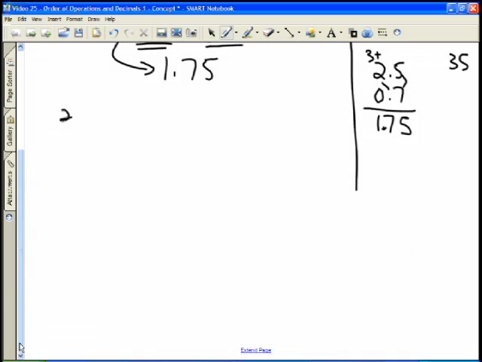So if you take a look at another problem getting a little bit more complicated here, 9.3 minus 4.3 divided by 5 plus 3 times 1.7.